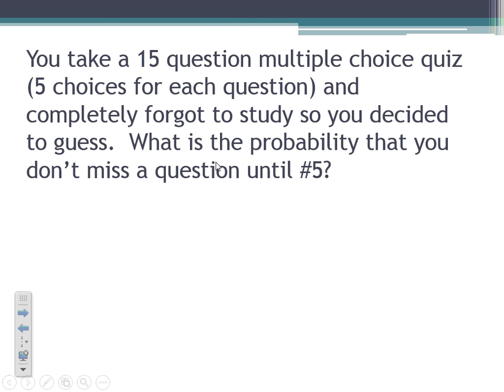So if I were going to find the probability in this question, we need to recognize we're just looking at the first 5 questions. What we want to have happen is we want to get it correct, correct, correct, correct, and then on number 5, we finally miss our first question, okay? What's the probability that I get a question correct?